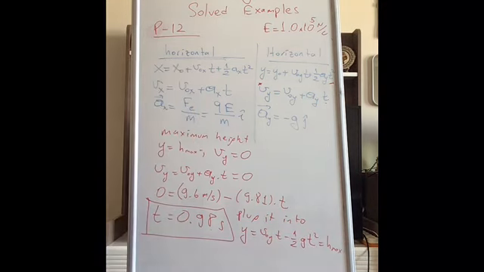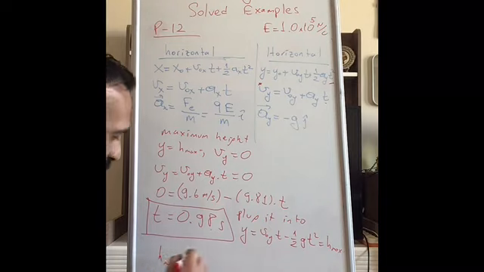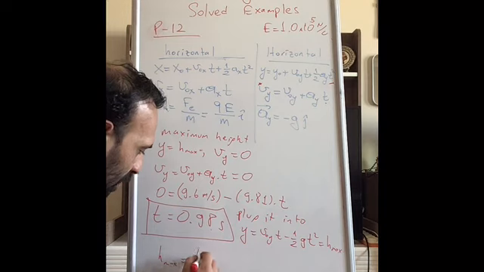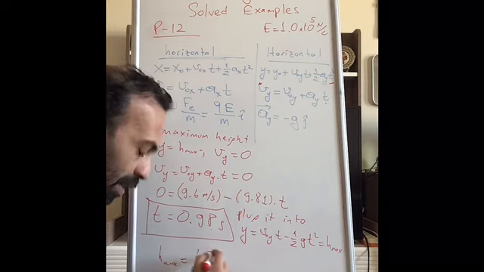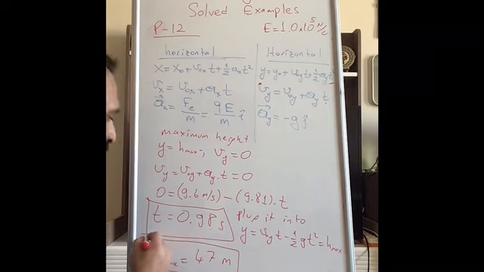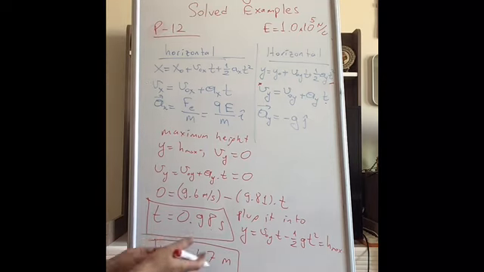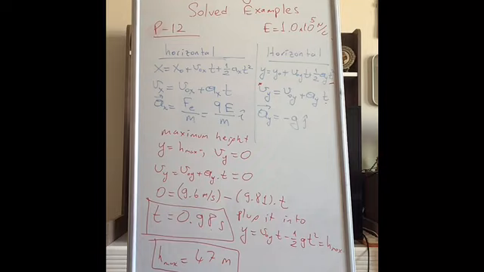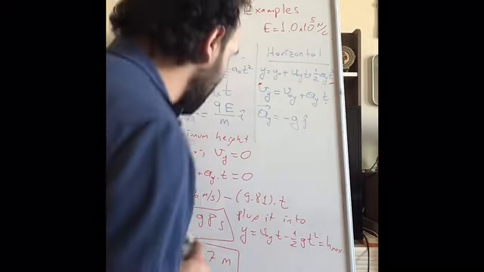I just give you the result. H max will be equal to 47 meter. I suggest you check my calculations in case I made some mistakes. All right, so this is H max.